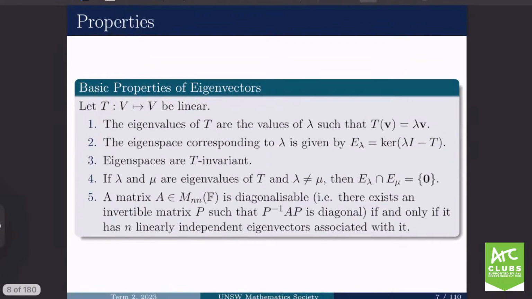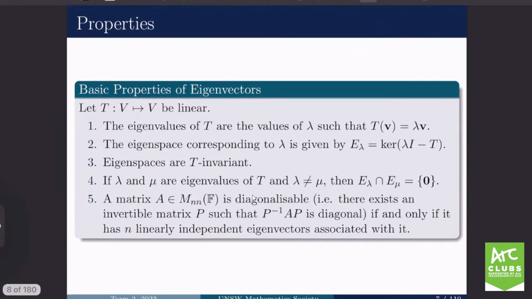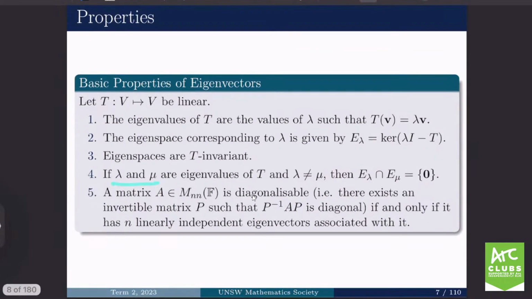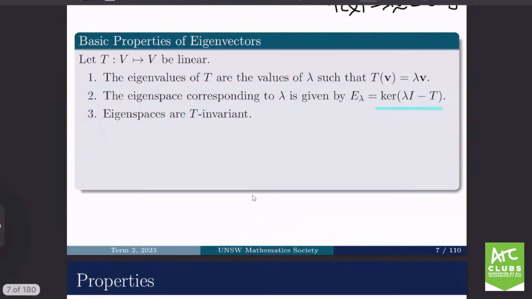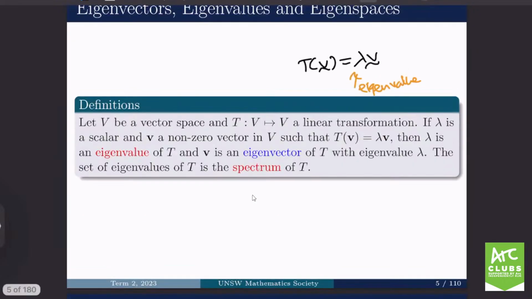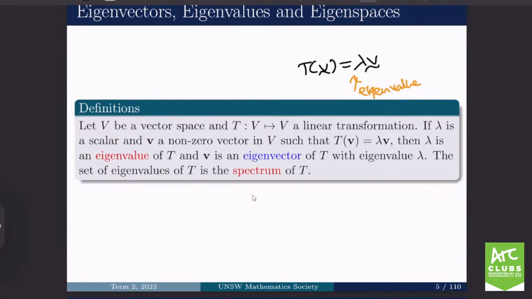Okay, so some other properties here are that if we have two distinct eigenvalues, so they're different, then the intersection of their eigenspaces is the zero vector only. Okay, so keep in mind here with the definition of eigenvectors, very important is that any eigenvector is not zero, because you can see if you plug zero into the linear map, you get zero out.